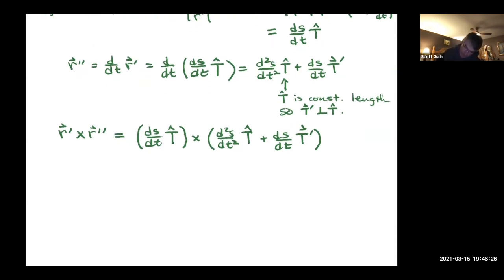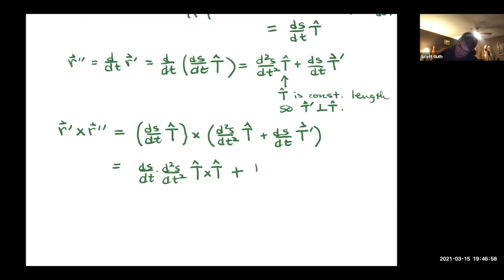This has a ds over dt times d2s over dt squared, those are the scalars, and then I have a T cross T. Plus, here I'm going to have ds over dt times ds over dt, so a quantity squared, and then I'll have a T cross T prime.